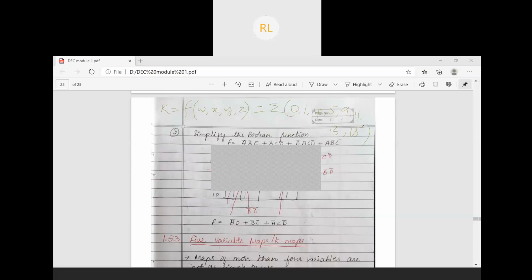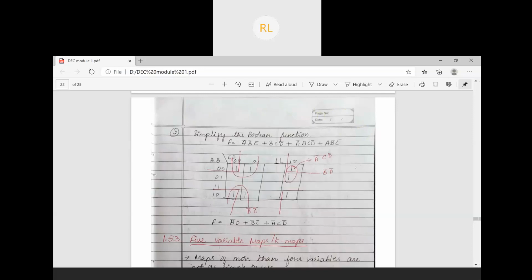So you'll have 8 ones inside your K map. This is going to be the question. Were you all able to take that question? Students, were you all able to take that question? Fine. Yes, sir. Okay.